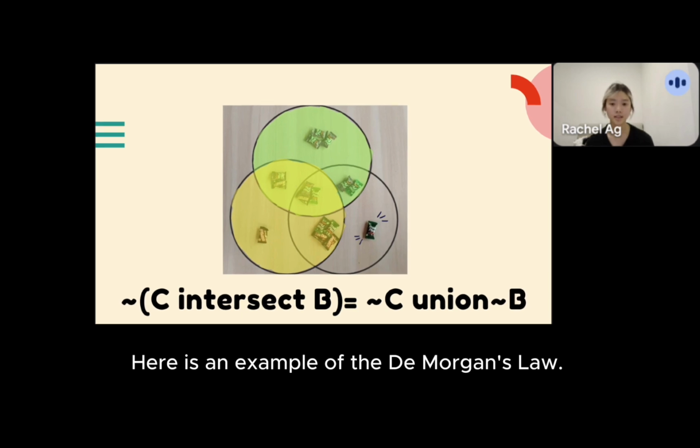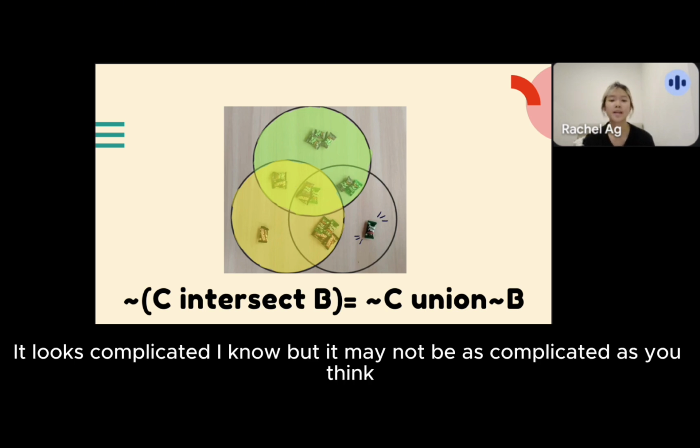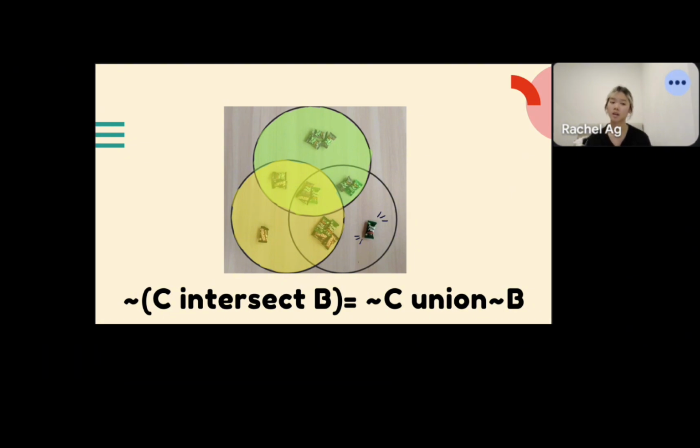Here is an example of De Morgan's law using a real life example or maybe pictures to help you understand better what De Morgan's law is. It looks complicated, I know, but it may not be as complicated as you think.